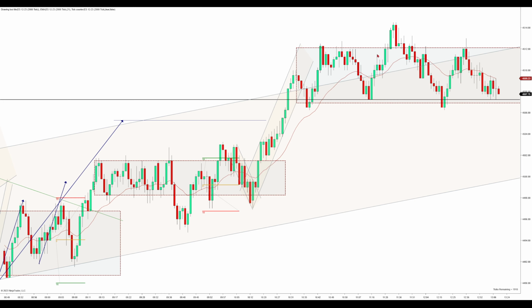It does end up working here. We push up, we push back down, kind of going into this range here. And now let me draw out this trend line and just show. When you get another entry right here, I know it's a triple test, and there's going to be a lot of people who like triple tests that are going to want to take this, but it is blocked by this trend line.